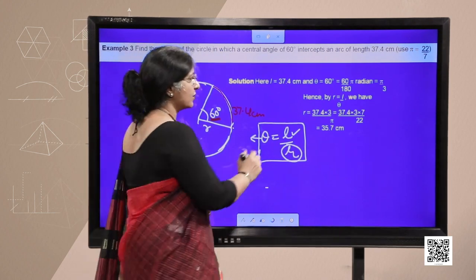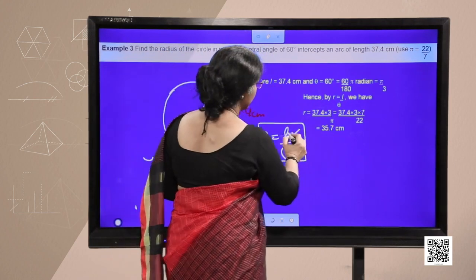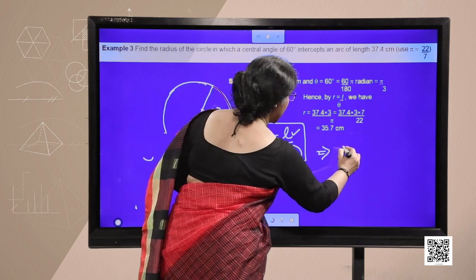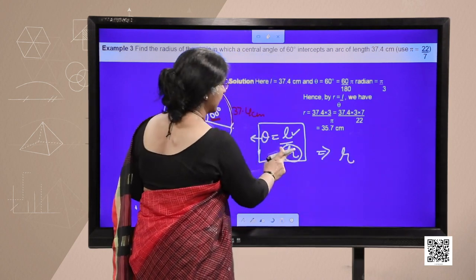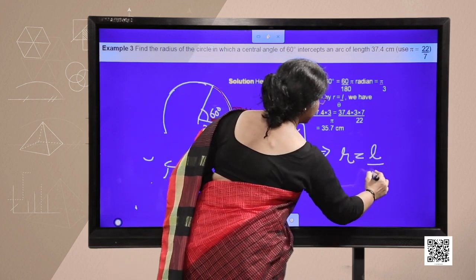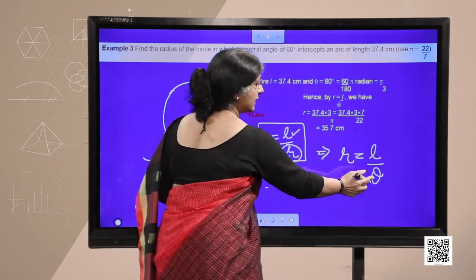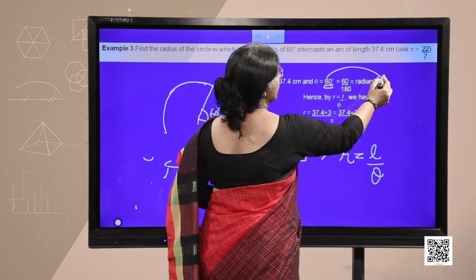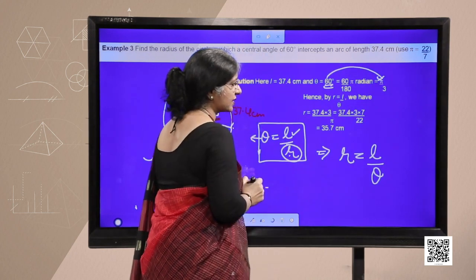Remember it. So, if we put the value of arc length, we can replace R is equal to, because we need to find R, L upon theta, and theta in radians. So, 60 degrees is equal to pi by 3 radians, we have just discussed.